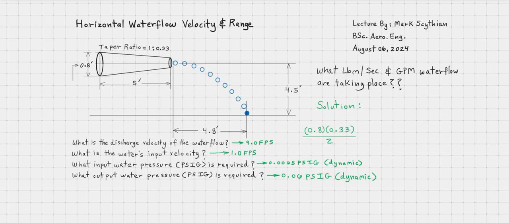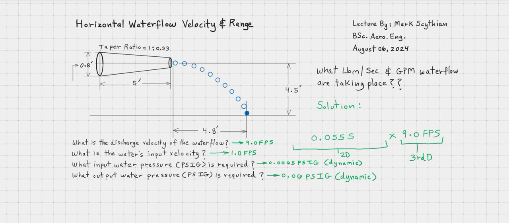All we need to do is take the cross-sectional area of the output of the nozzle, so that's the 0.8 input times the taper ratio, so it's obviously less than the input, divided by 2 to get the radius of the output nozzle, squared, times pi. So this satisfies the two-dimensional metric.